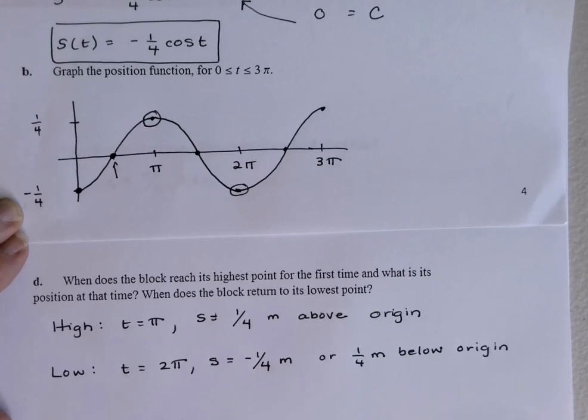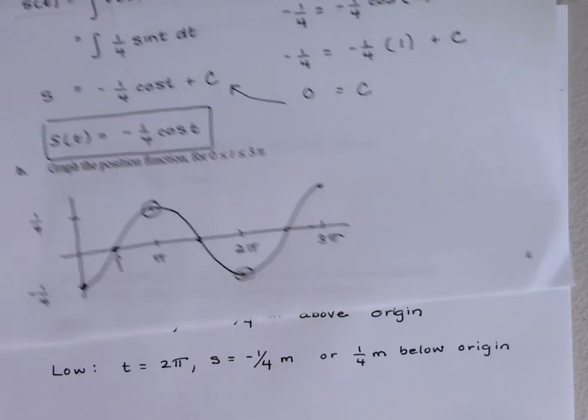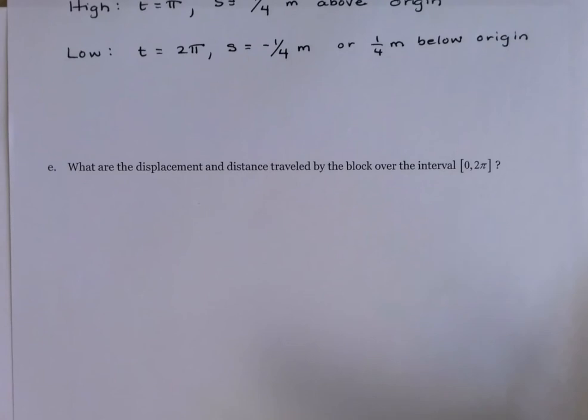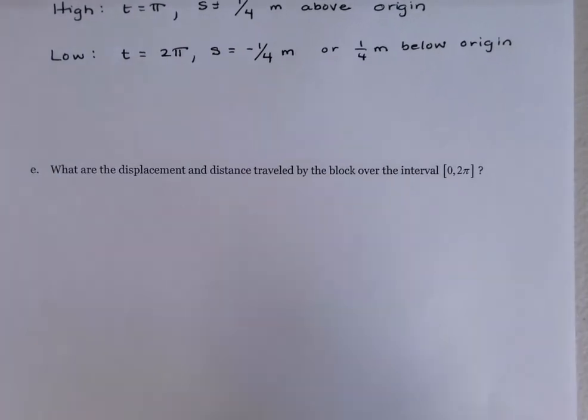All right, our last question, what are the displacement and distance traveled by the block over the time interval from 0 to 2 pi? All right, as we know, it's best to have our velocity function graphed before we start answering displacement and distance equations. So let's do that.